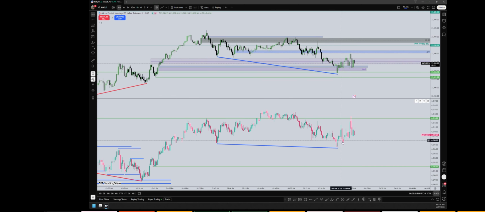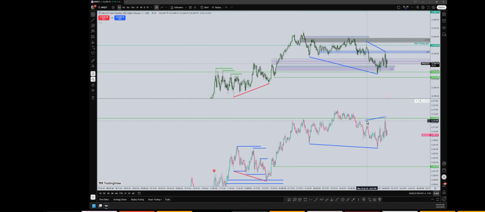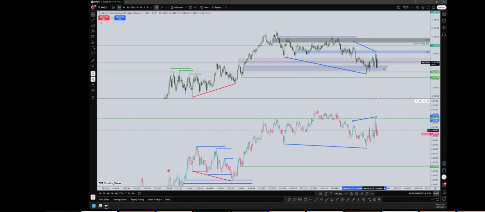Yeah, but there is a thing. See this? ES has taken this high while NQ is failing. That's a false sign again. And that is the reason, if it doesn't finish it today, tomorrow will be the day to finish that thing, because today ES was supposed to be the one failing to take the highs.